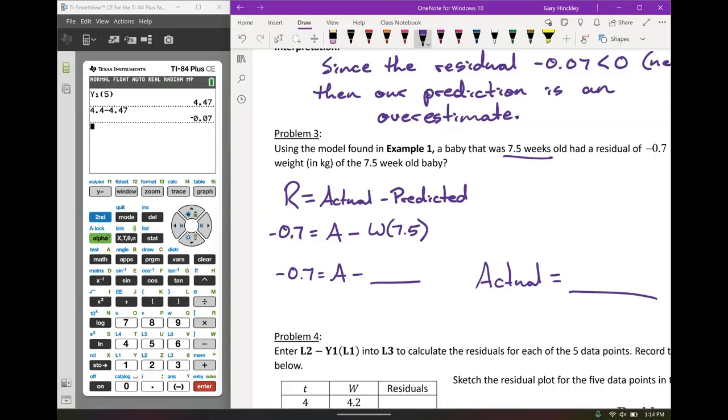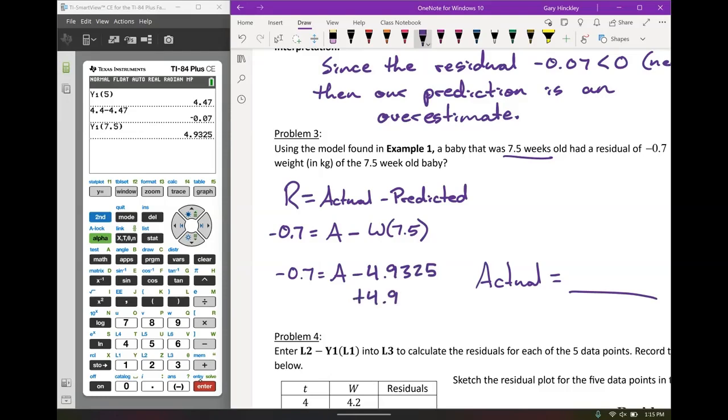All right, we're almost out of time, so let's go ahead and double check our values. Check your work with me. I'm going to go ahead and plug this into mine. So I'm plugging in 7.5, and I got 4.9325. Is that what you guys got? All right, what am I going to do with that predicted value now?